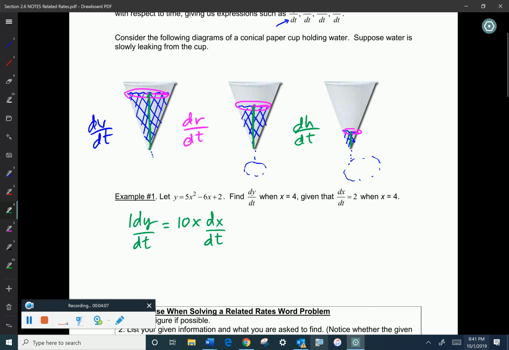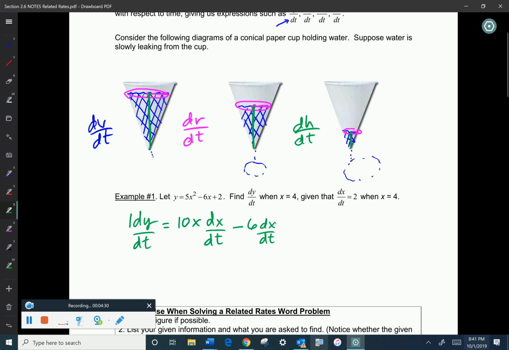So basically, any variable that's not a t is going to need one of these little notations on it. Keep going, minus the derivative of 6x is 6, but I just took the derivative of x with respect to t, and then the derivative of 2 is 0. So there's my setup. Notice I've got a dy/dt and a dx/dt.